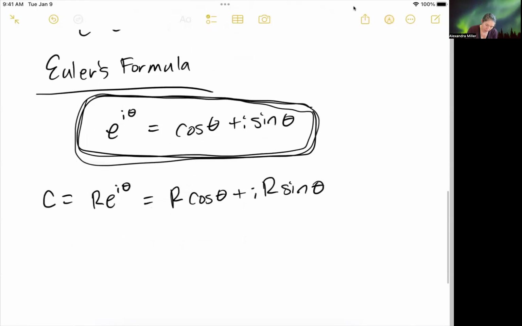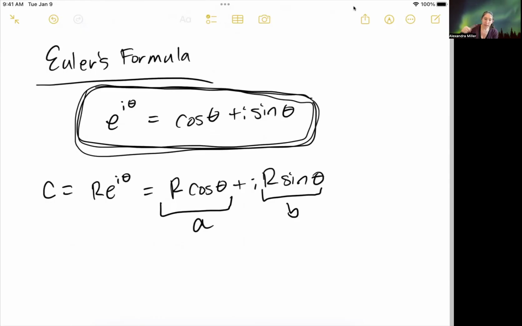And so then we can just read off: r cosine theta must be A, and r sine theta is just B. So we can immediately use this to go back and forth between our polar form and our A plus iB form.